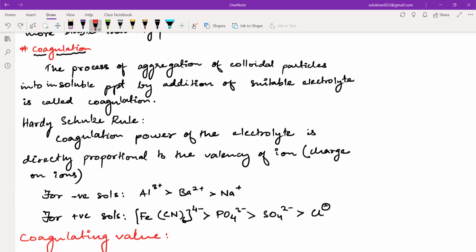It is aggregation of colloidal particles, right? You understand till there? No, sir. Okay. Coagulation just means precipitation.